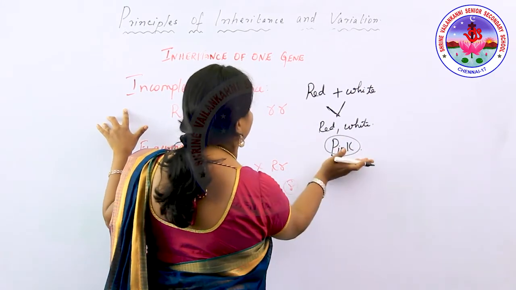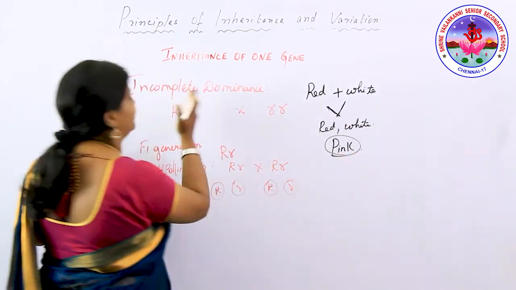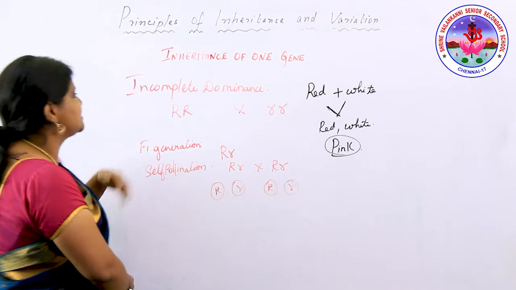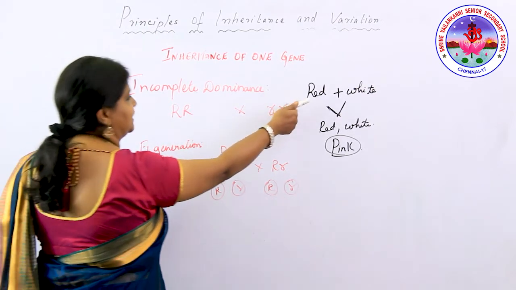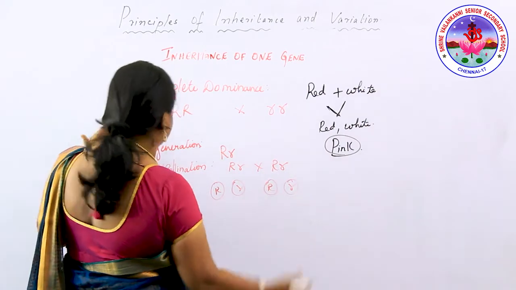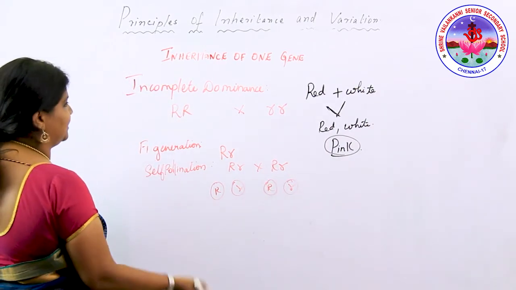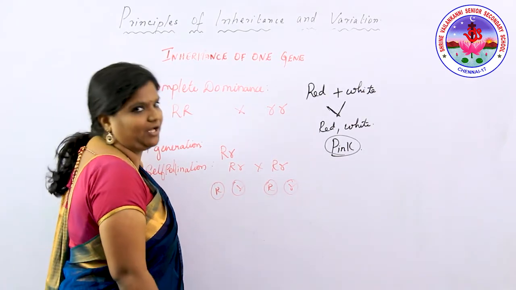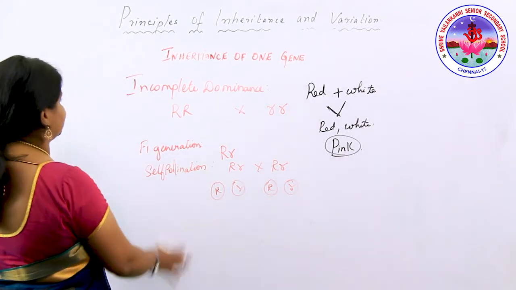So this we discuss under incomplete dominance. So what is the wow factor in this? The parent red flower plus the parent white flower were crossed, and the surprise one will be the pink color flower. So that we're going to discuss here.